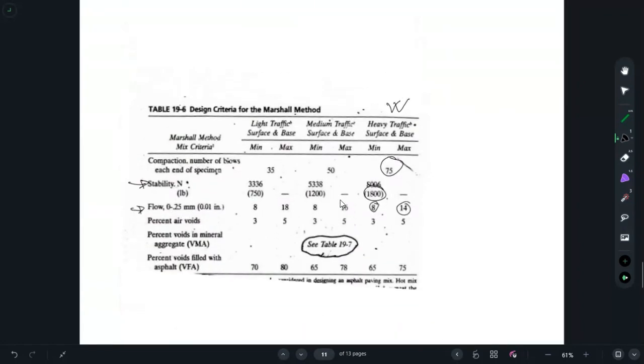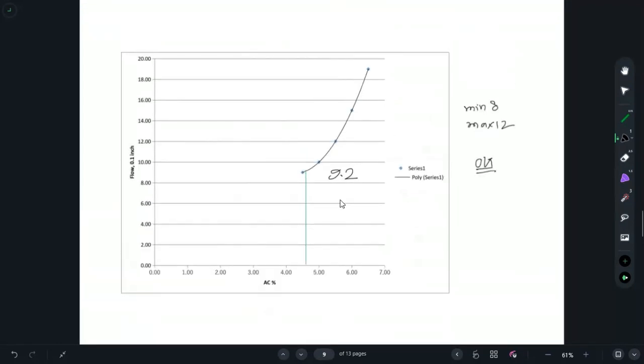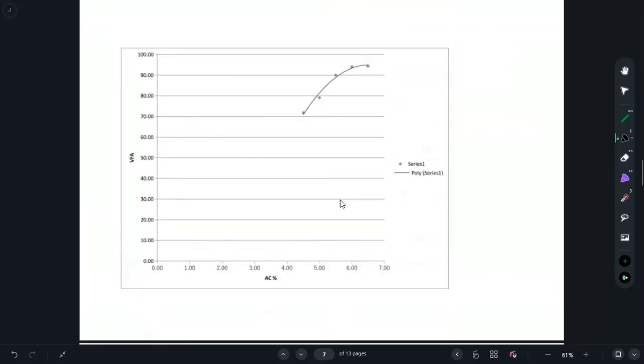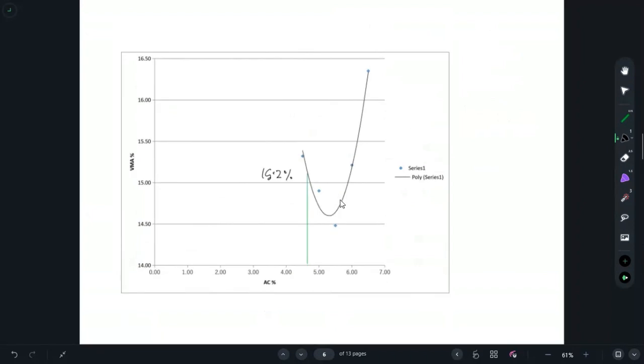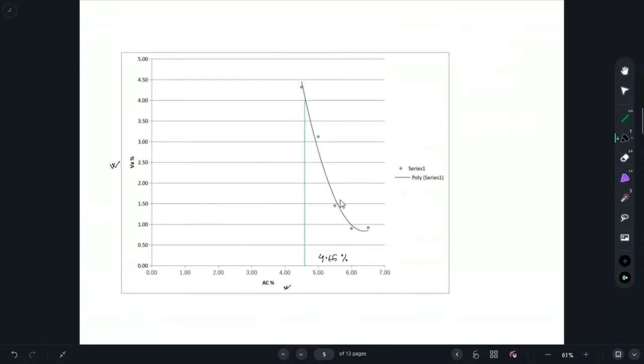The next one is percentage of air voids. For air voids, we need a minimum value of 3 and maximum value of 5. Our air void is in this case 4%, which is in between 3 and 5%. So it's okay.